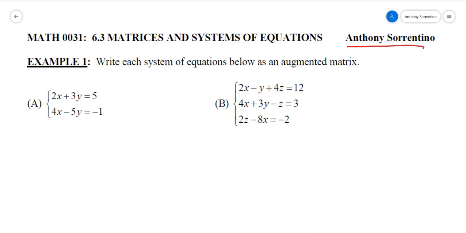6.3 Matrices and Systems of Equations. So in 6.1 and 6.2, we learned methods of using elimination and substitution to solve systems of equations. When I have two equations with two unknown values, that's not a big deal. I mean, it works pretty well. I can make good decisions really quickly.